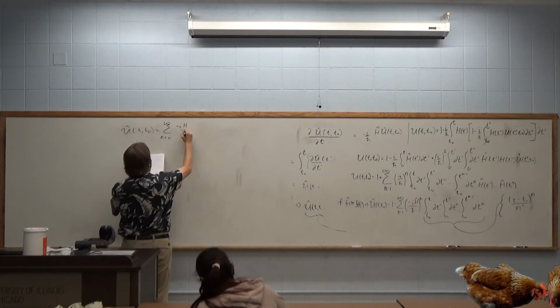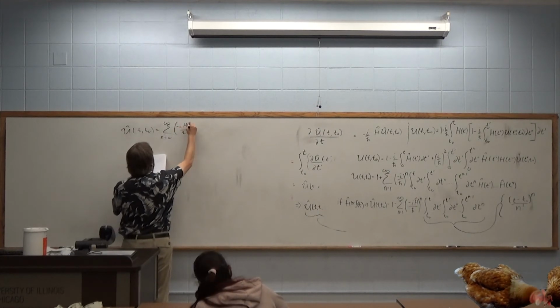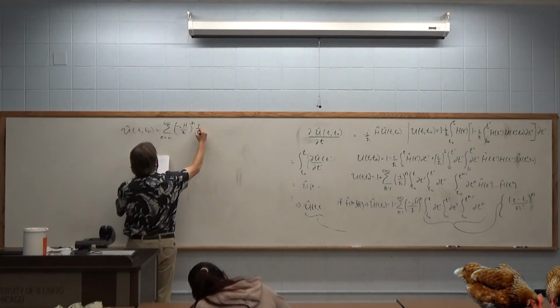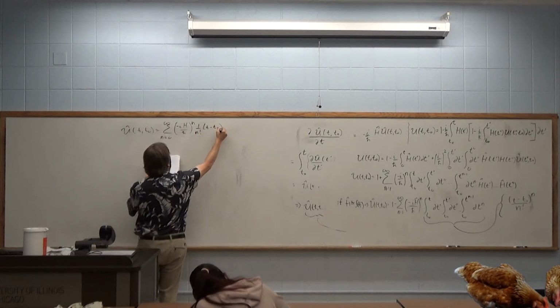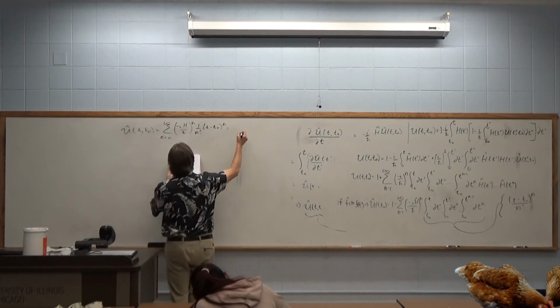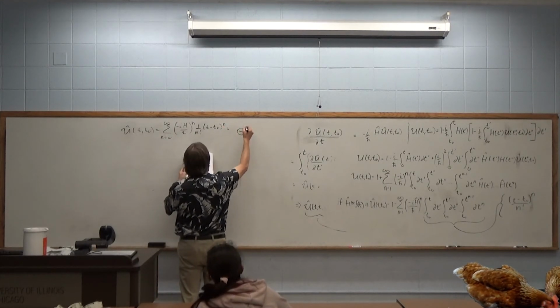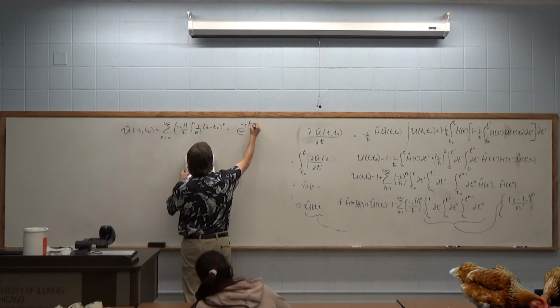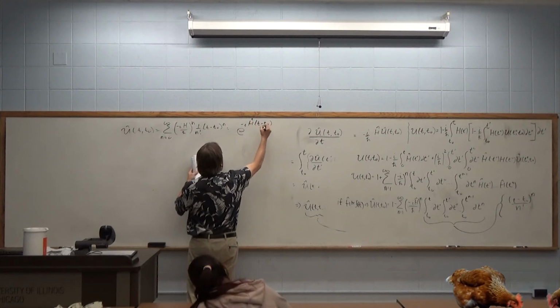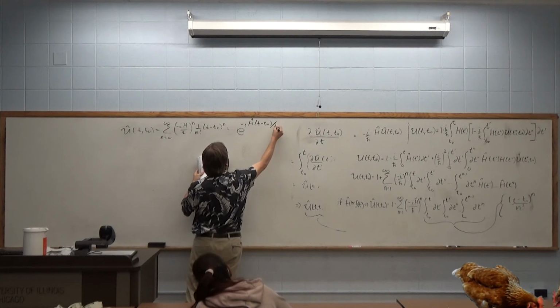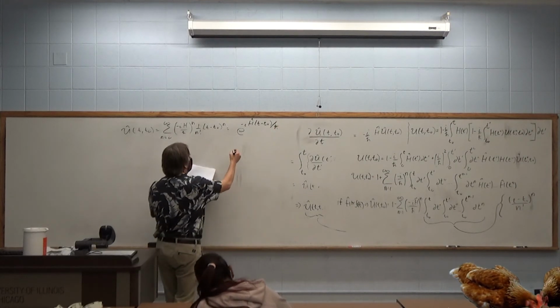Because I'm not writing H and t, this ends up being e to the minus i H (t minus t naught) all over h bar.